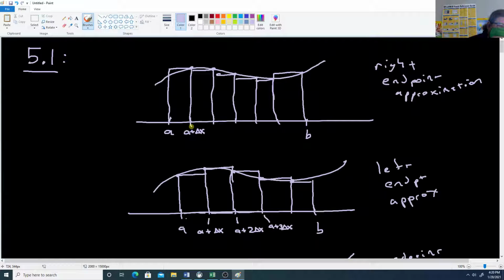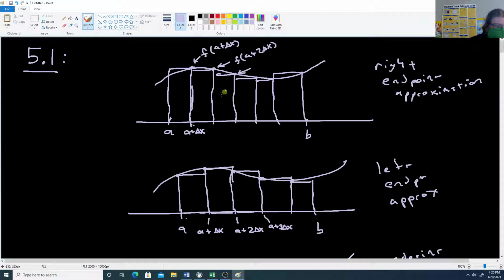That's the x value we're at. The height of the rectangle will be f of a plus delta x. And like the height of this rectangle will be f of a plus 2 delta x's. And so forth and so on.